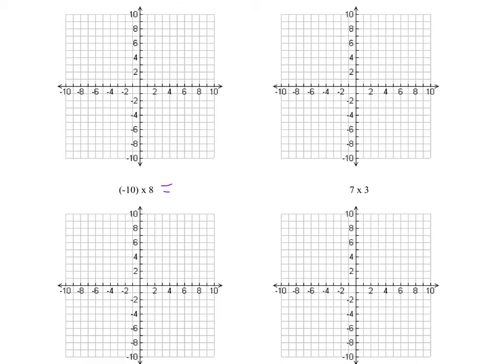All right, so we start with the negative 10. So we're going to go negative 10 over here. And we have by a positive 8. So now we're coloring our positive 8.